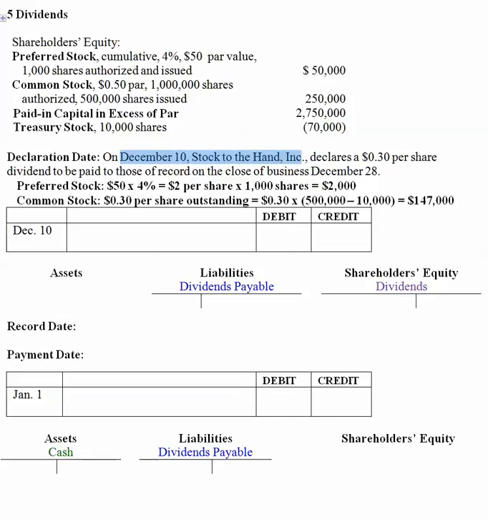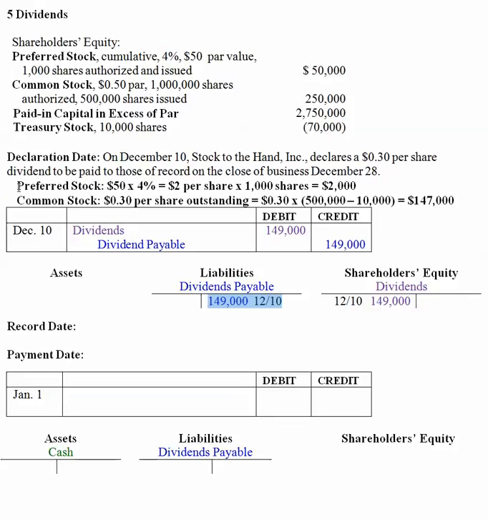Let's first show the entry, because at this point it takes a while to get these dividends paid. So they're going to record the dividend, because they're now reducing their retained earnings in essence, and they're going to record the dividends payable with a credit. Who is this payable to?